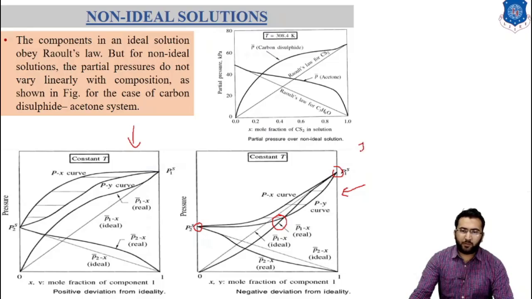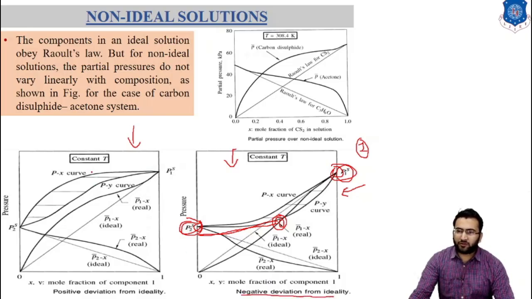So there will be two components. There is component 1, whose partial pressure is P1, and component 2, whose pressure is P2, and the solution pressure can be given by this. So it will be a minimum pressure compared to P2 and P1. That's why this solution shows negative deviation from ideality.